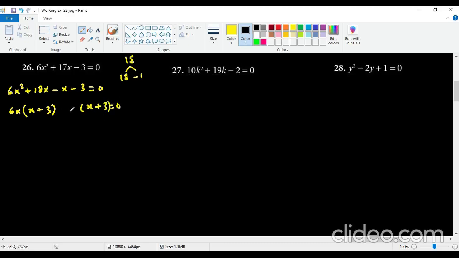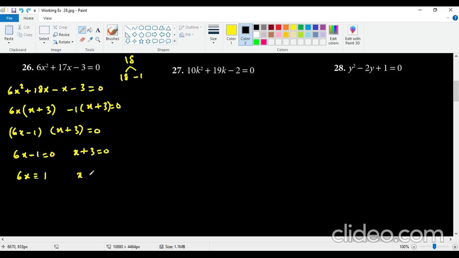So 6x minus 1 in one bracket, and x plus 3 in another bracket equals 0. That means 6x minus 1 equals 0, and x plus 3 also equals 0. That means 6x will be equals to positive 1, and x will be equals to negative 3.